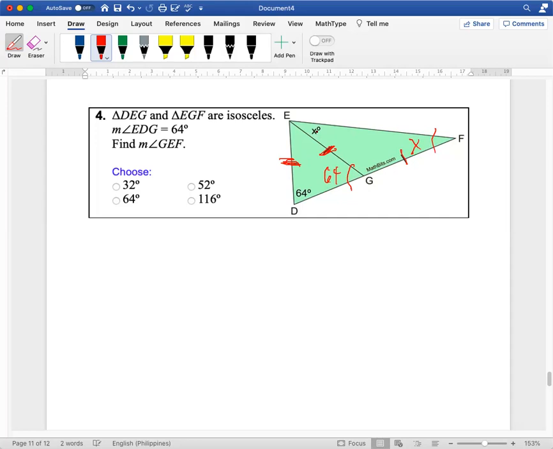The remote interior angles are x and x. So we have x plus x is equal to 64, so 2x equals 64, then x is equal to 32.